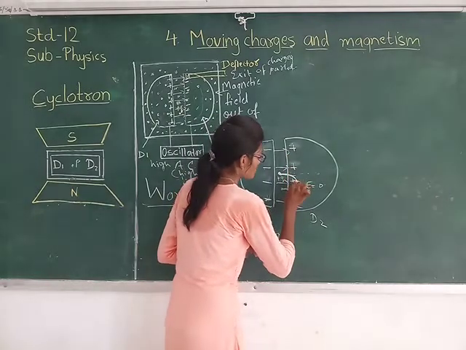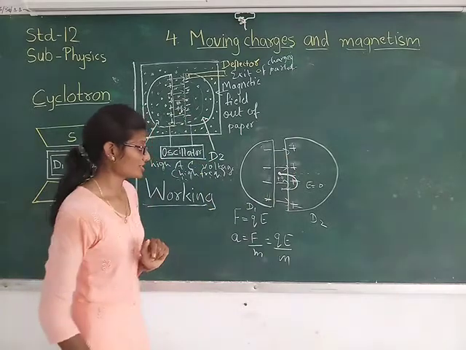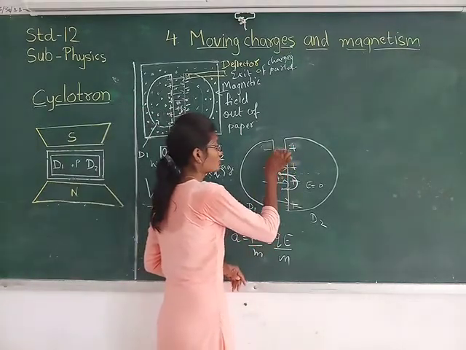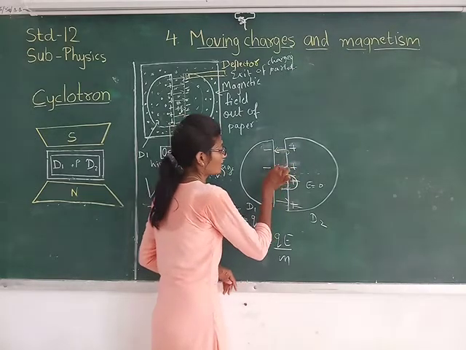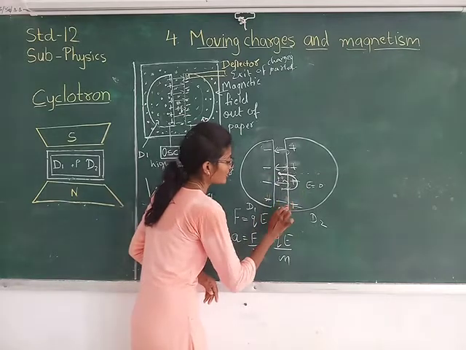So this becomes positively charged and D2 becomes negatively charged. The electric field line also reverses, from D2 to D1, that is from positive to negative.